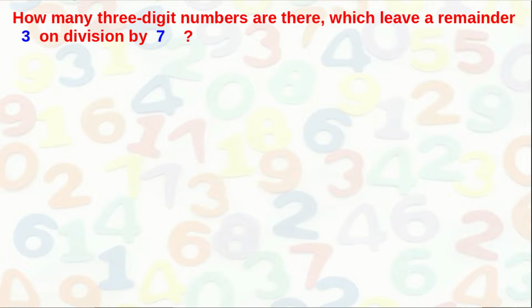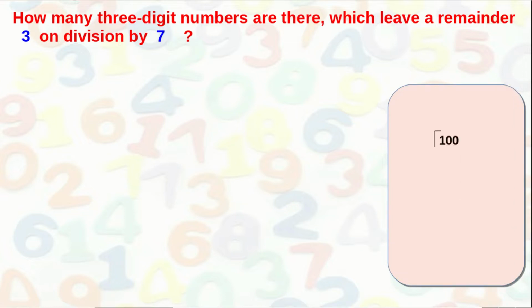We have the smallest 3-digit number 100. Let's check whether 100 satisfies this condition. For that, divide 100 by 7. Here the remainder is 2. We need remainder 3.